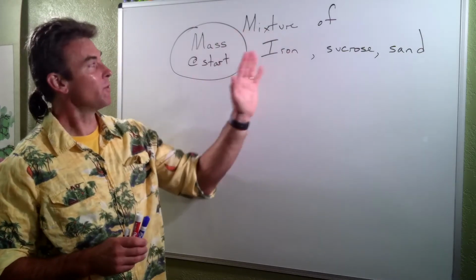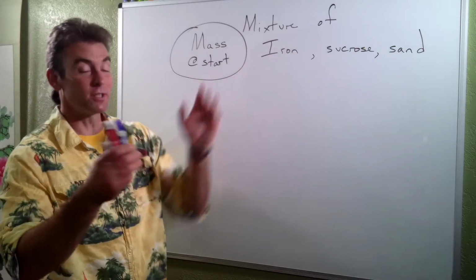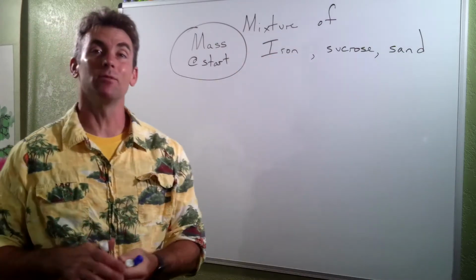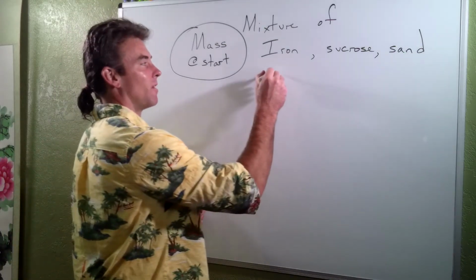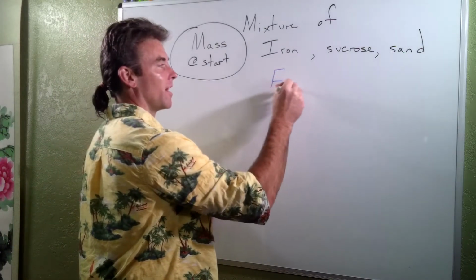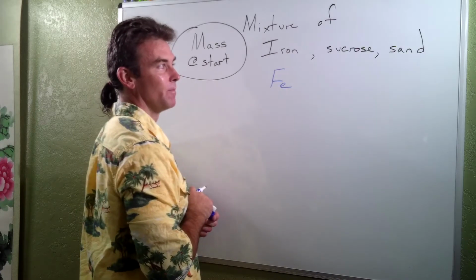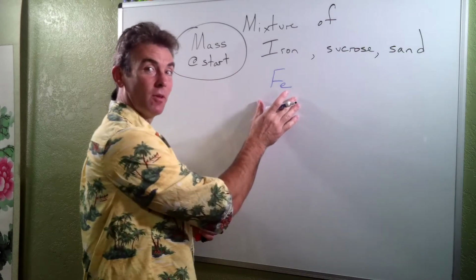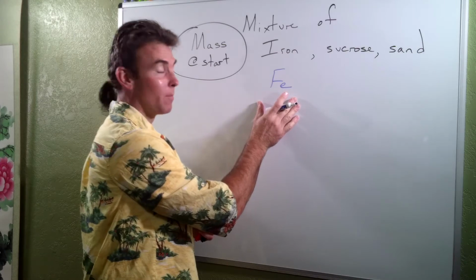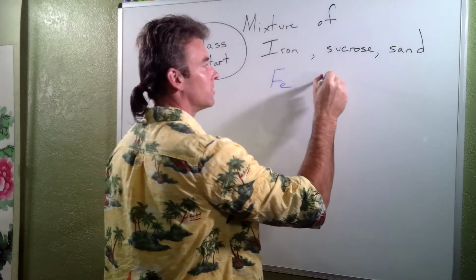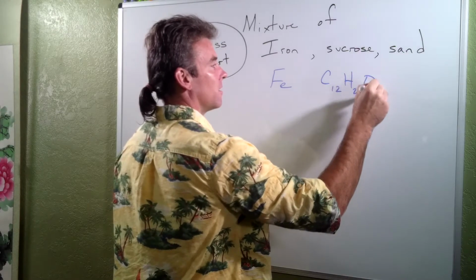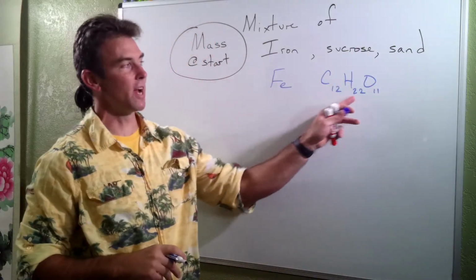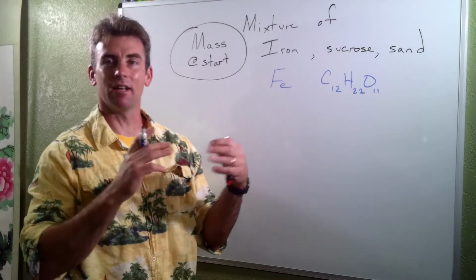As we go through this, first of all, I should probably mention the chemical symbols for each one of these, just in case they happen to be in the lab. First of all, iron, if you looked it up on the periodic table, is abbreviated Fe. So that is an example of an element once we've got it all separated. Sucrose is a little bit more complicated. It's got a whole bunch of carbons and hydrogens and oxygens in it, all glommed together.